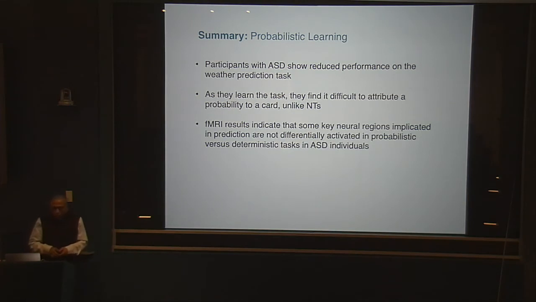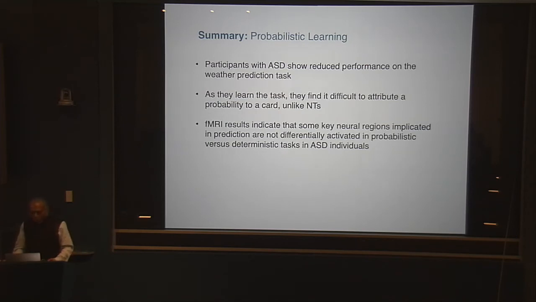So just to summarize, participants with AST show reduced performance on the weather prediction task. As they learn the task, and these are data that I didn't show you, AST participants find it difficult to report how predictive a given card is for sunniness or raininess, whereas neurotypical subjects can quite readily describe which of these 4 cards is most predictive of sun or rain.